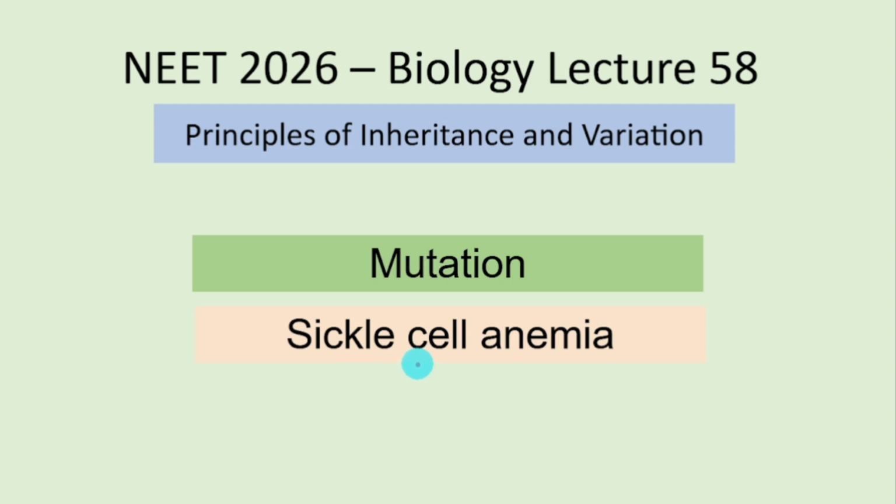But due to mutation in the hemoglobin beta chain, the shape changes and it becomes sickle shaped. And this in turn affects the quality, the life of RBC, and it causes cell rupture and therefore it leads to anemia. So let's look into the details of the genetic disorder and how it translates into a pathological condition.